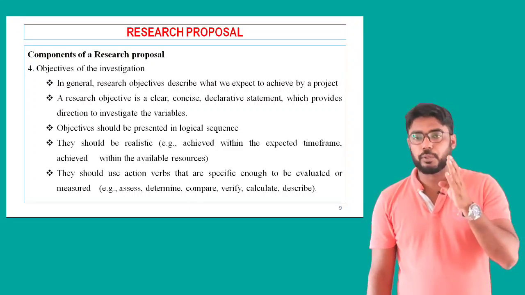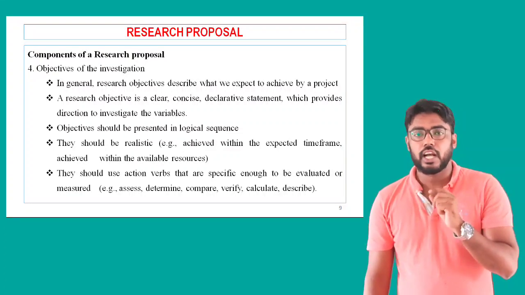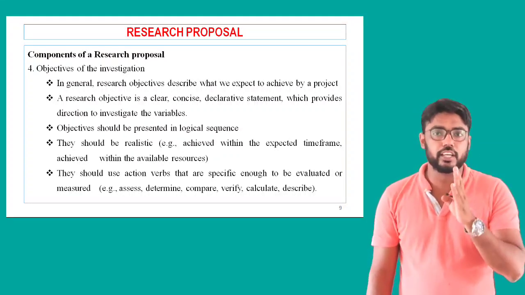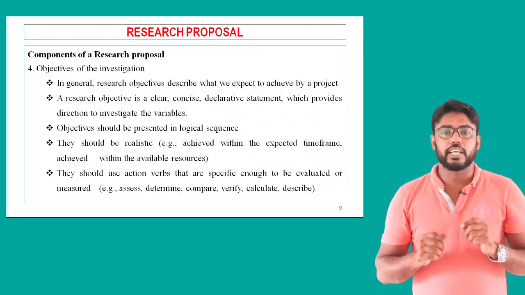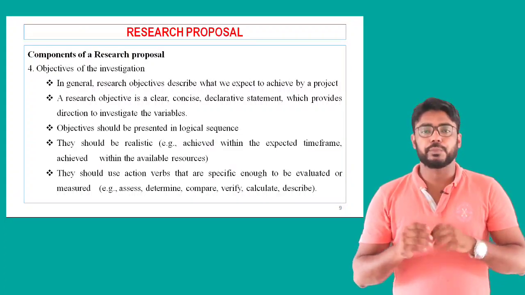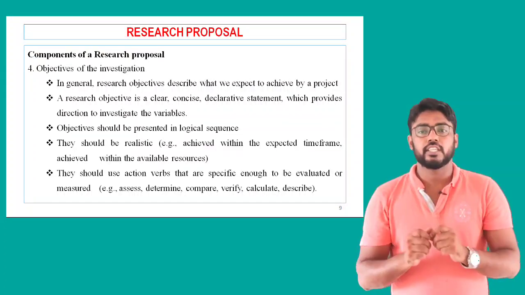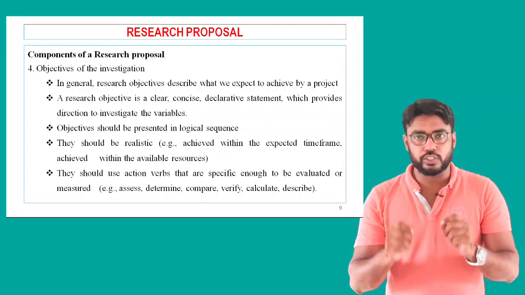Research objectives describe what we expect to achieve by a project. A research objective is a clear, concise, and declarative statement which provides direction to investigate the variables, and the objectives should be presented in a logical sequence.